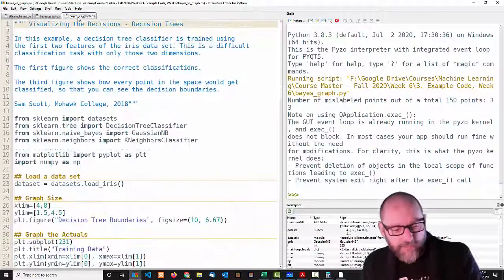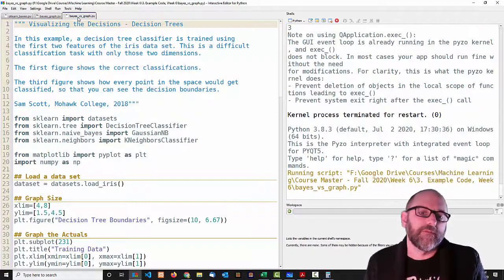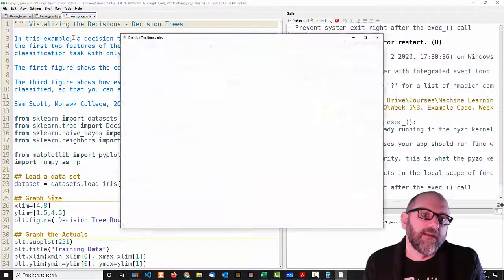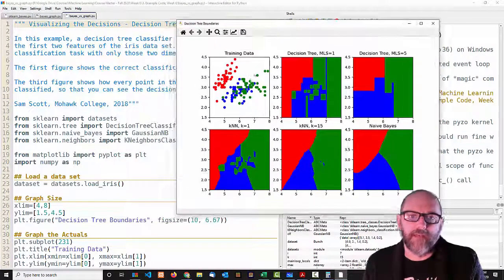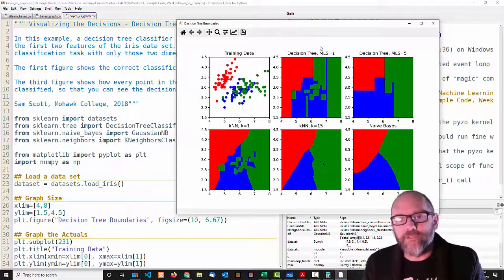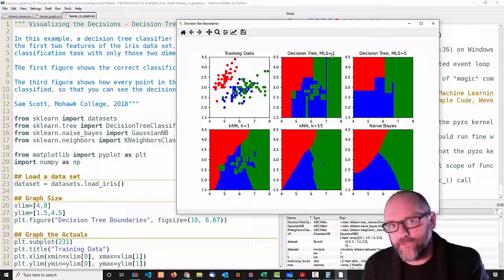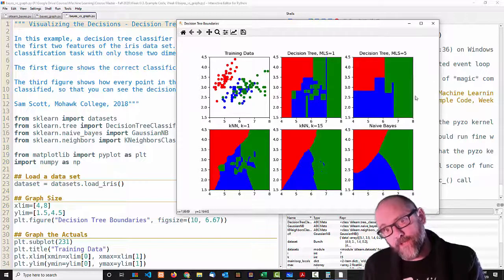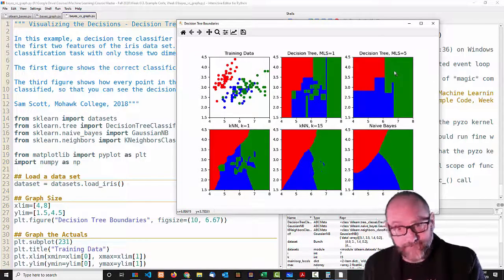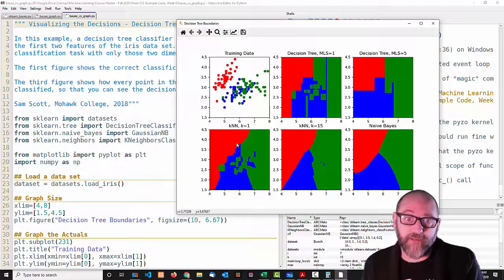If you want to look at how naive Bayes compares to the other algorithms that we've looked at, here's a graph that does that. So again, here's the training data. Here's a decision tree potentially overfitting the training data with minimum leaf samples equal to 1. And here it is no longer overfitting when minimum leaf samples equals 5.